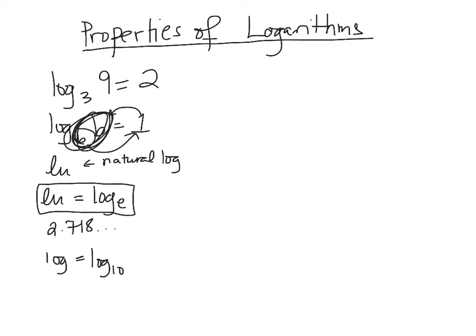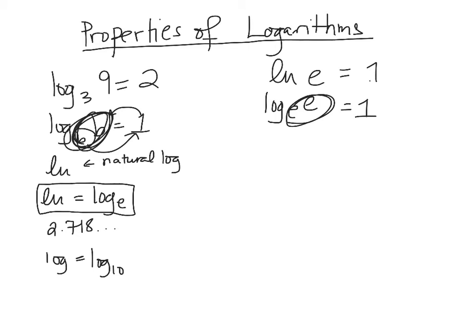Now we're going to use this. Let's say we have ln of e. What is that? If we rewrite this, we have log base e of e. These two things are the same, which means the answer should be 1, because e to the first power equals e.